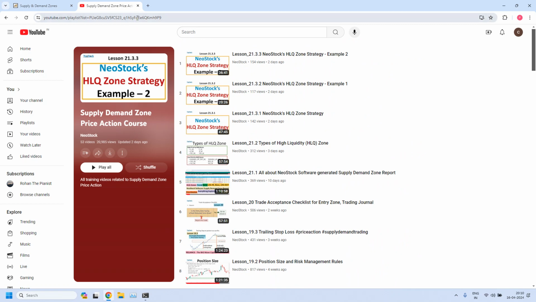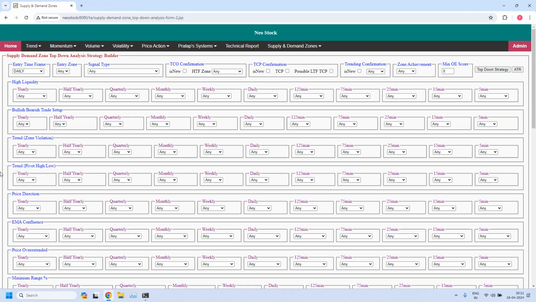So now let's get into the report generation. Before we generate the reports, please understand the difference between high liquidity zones and these DIT and WIT reports. DIT and WIT reports are purely based on bullish and bearish trade setup.